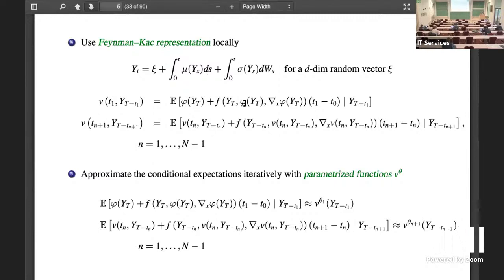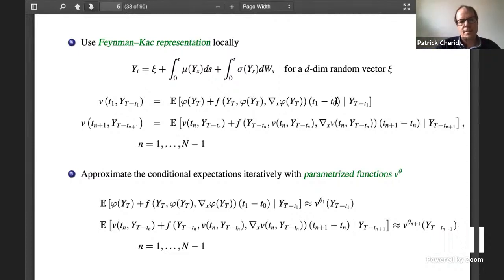And once you have this, you're going to calculate conditional expectations step by step by this squared expectation minimization problem. Now I didn't fully understand what the problem was with the quasi-linear case.